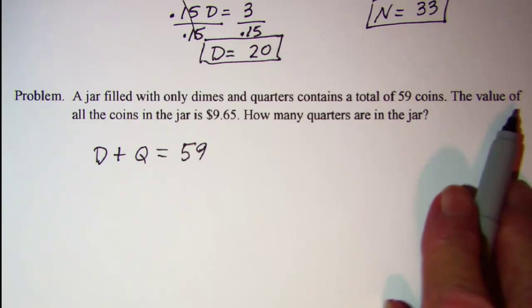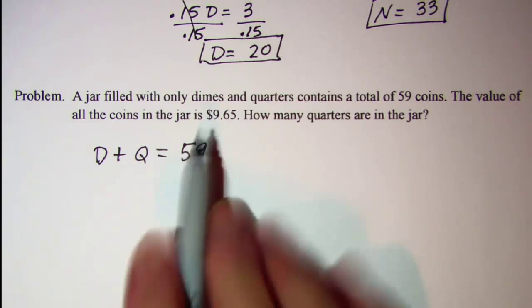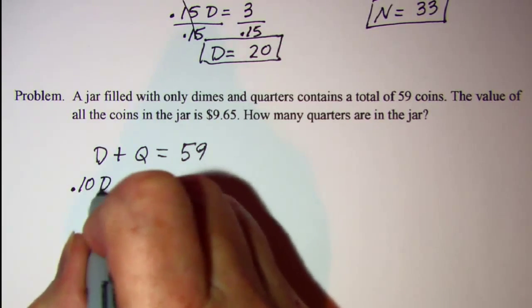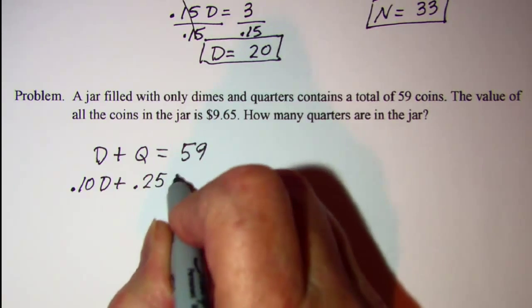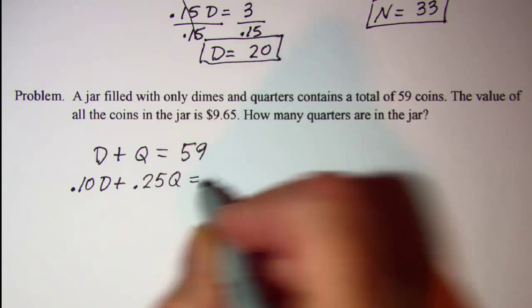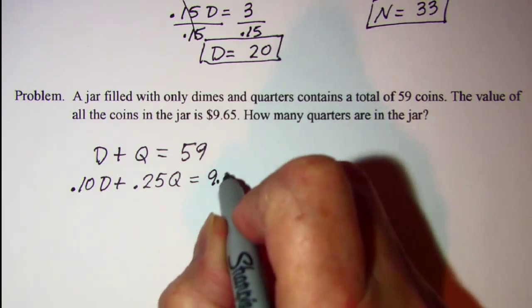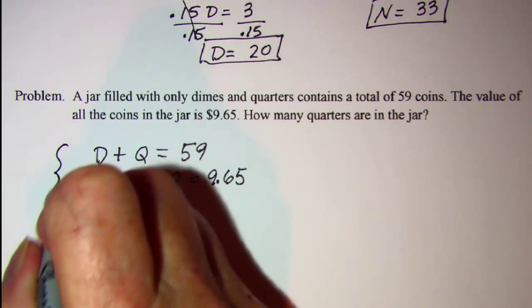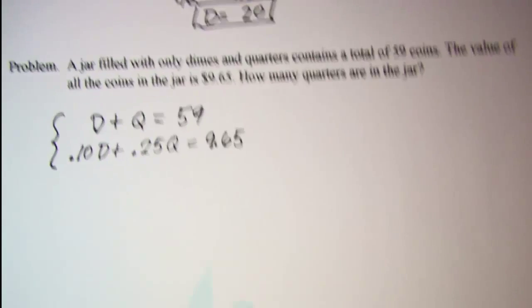The second sentence deals with the value of the coins. So I know that dimes are worth 10 cents each. Quarters are worth 25 cents each. And the total of all the coins is $9.65. This is my system of equations.